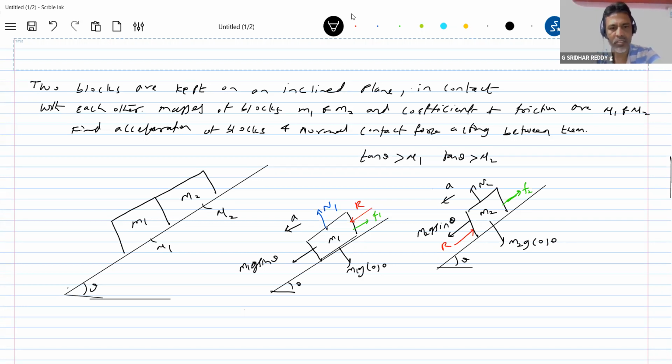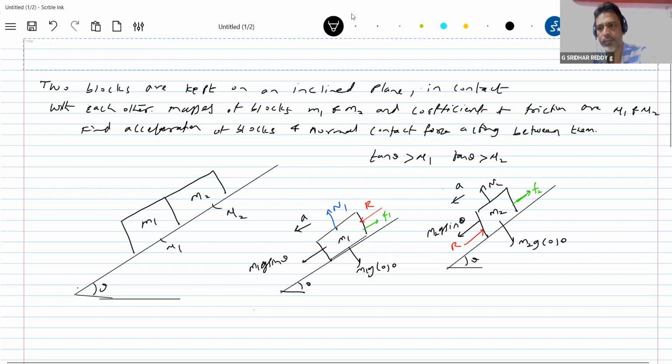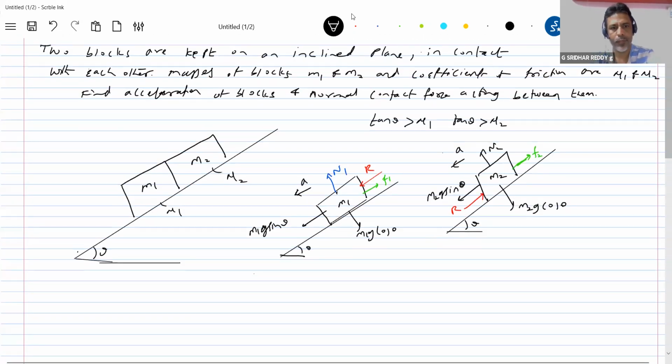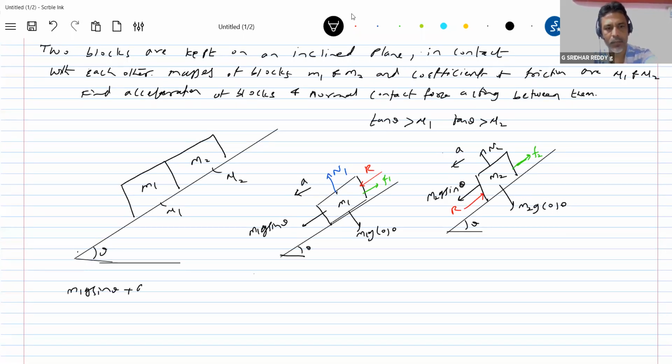What will the equations of motion be? Looking at the first block, the equation of motion will be m1g sine theta plus R minus F1 equal to m1a. Further, what is F1?